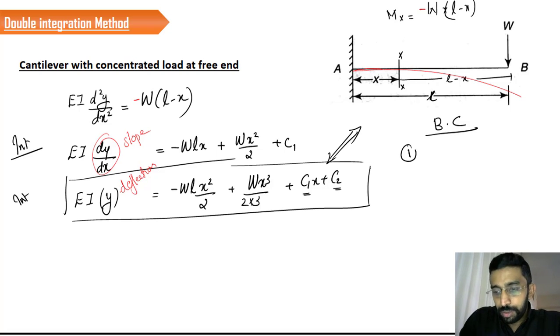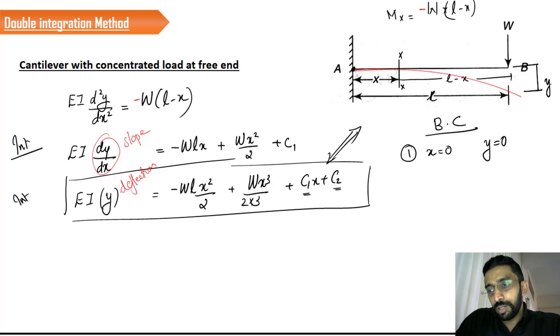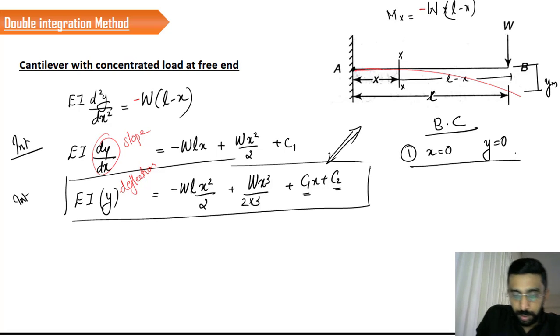So the first boundary condition we are going to substitute is, at x equal to 0, here, at this location, what is the value of y? This is the maximum value of y, right? Here the value is 0. So when we substitute boundary condition 1, what will we get?